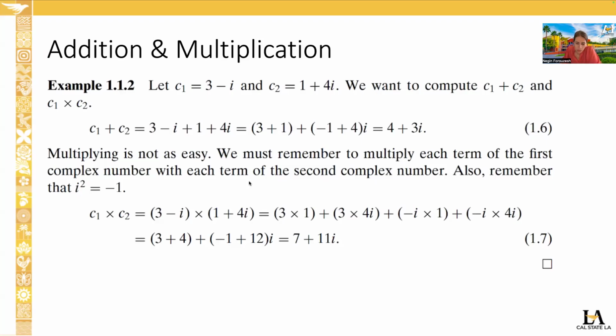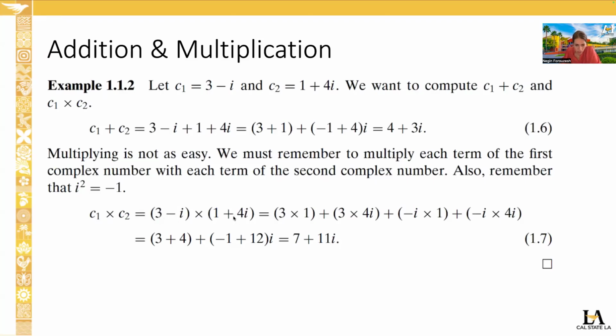When it comes to multiplication, it gets a little bit complex, so please pay attention to what we do in here. We have C1 times C2. So again, I write these two numbers in here, and I start distributing these numbers like what we do in algebra for real numbers.